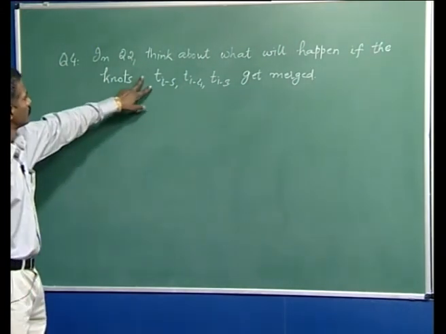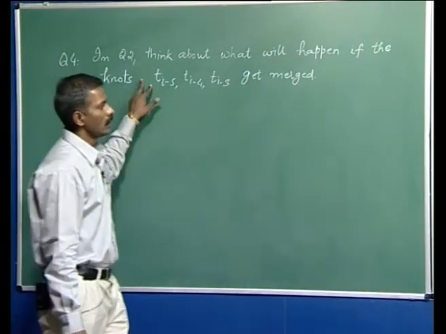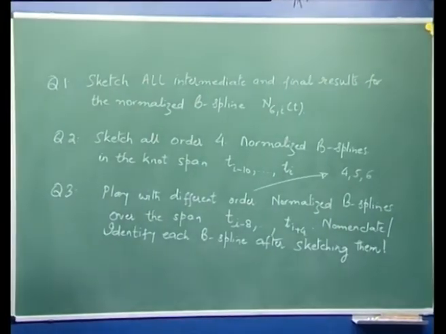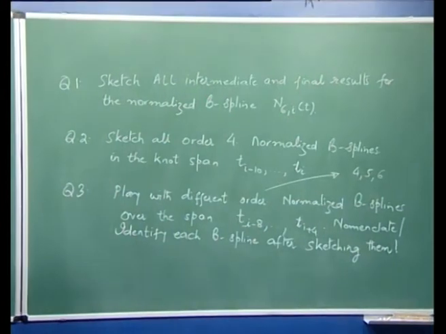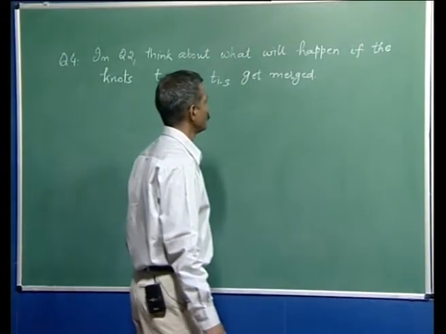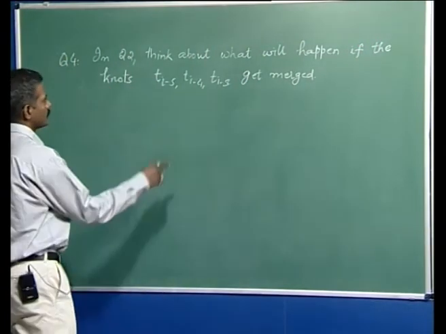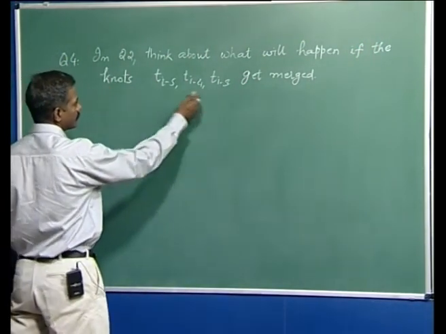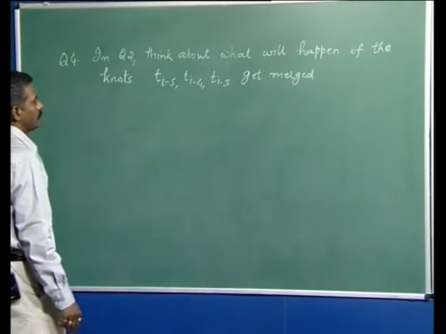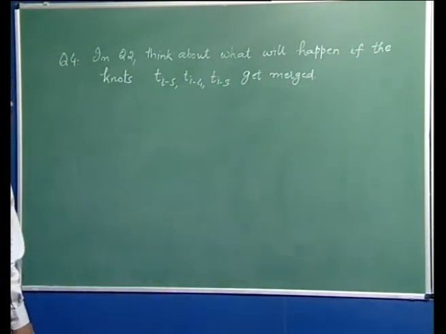So remember here that not all order 4 normalized splines will get affected when a few knots get merged here. Also, you can simulate the merging either from the right or from the left. What do I mean? You can do so in steps.